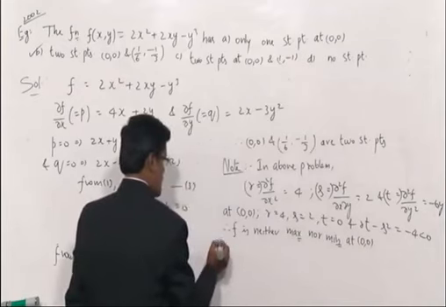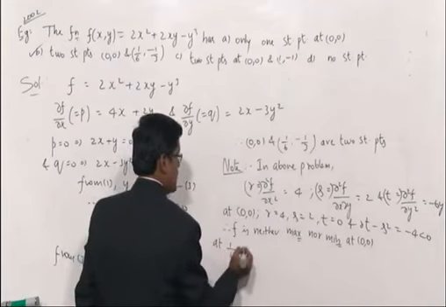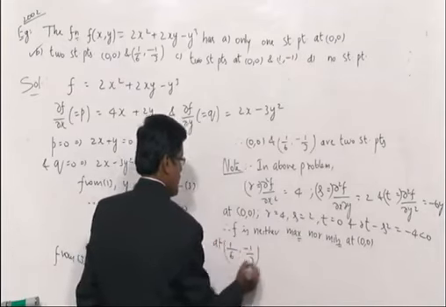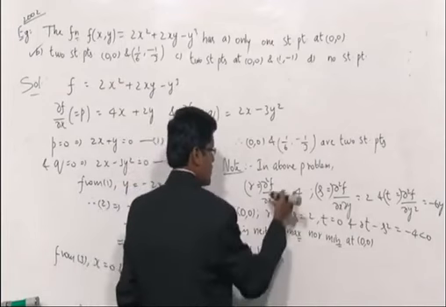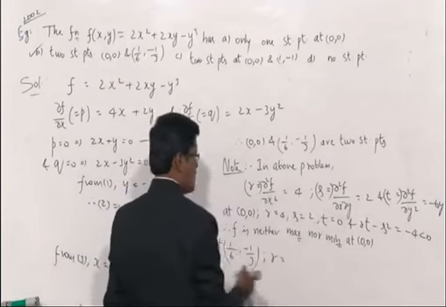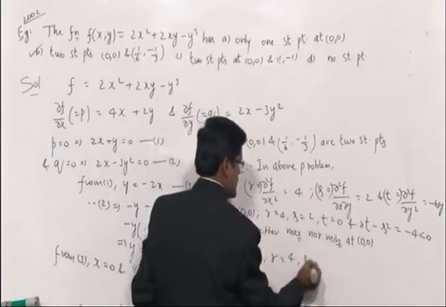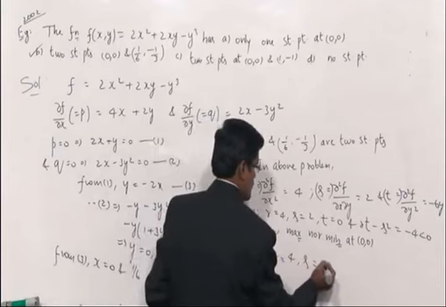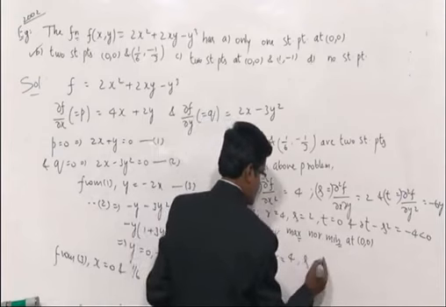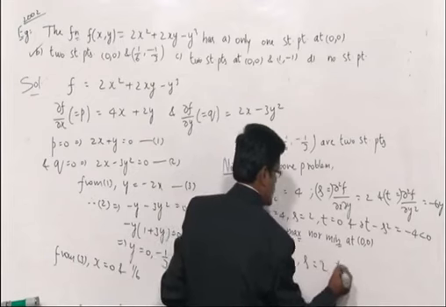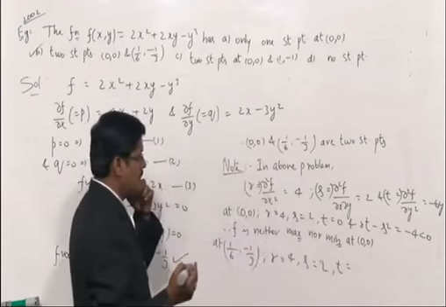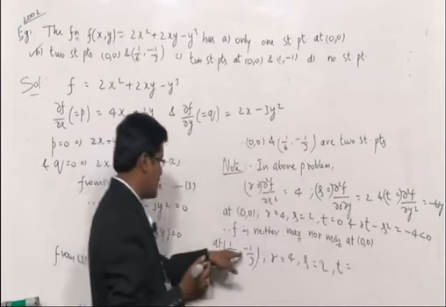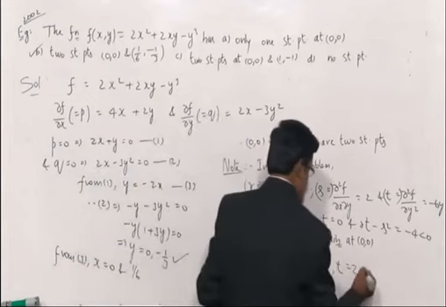What is the second point? At 1 by 6 comma minus 1 by 3. For this point, what is R? Substitute in all the three derivatives. At this point R is 4, S is equal to 2, T is equal to minus 6y, minus 6 into minus 1 by 3, this becomes 2.